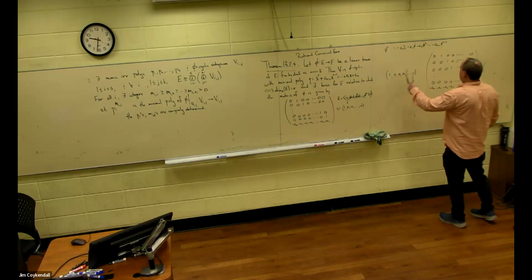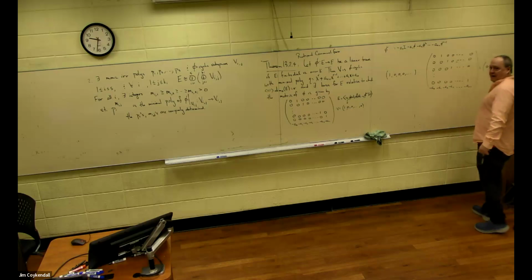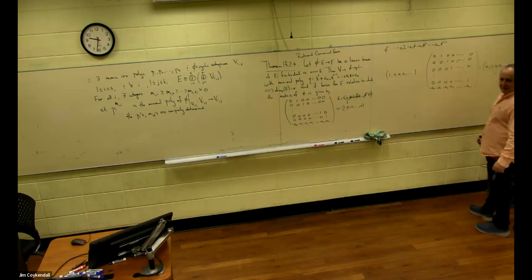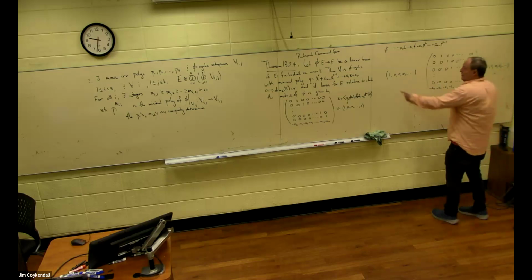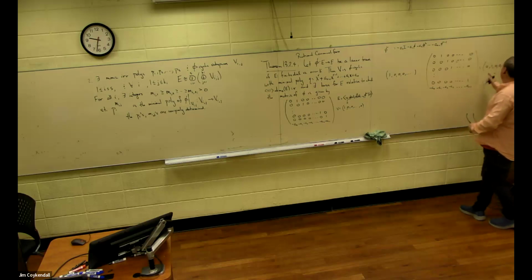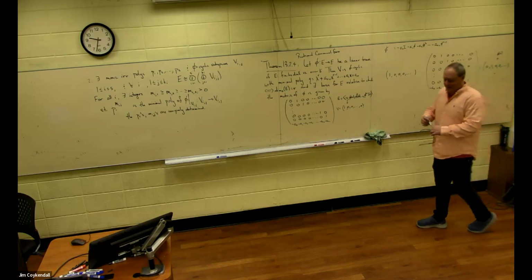I get 0, 1, 0, 0. Everybody agree with that? When I do the matrix multiplication this way, this row times this column gives me a 0. This row, second column gives me a 1, right? This is phi of v, which is the second basis element, right?